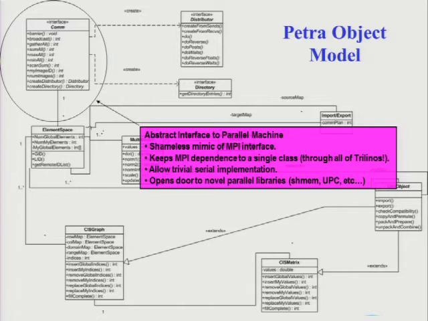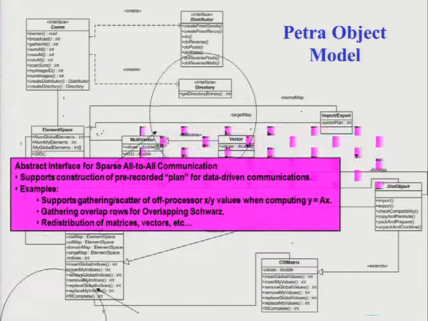The nice thing is it limits our MPI dependence to ideally more or less one place. Because we use MPI everywhere, being able to limit it to one location is convenient. It allows us to do a trivial serial implementation, which I just showed you. And it allows us to do crazier parallel things if we need to, because it's all encapsulated in an object.